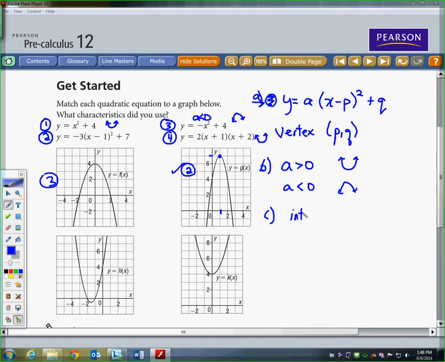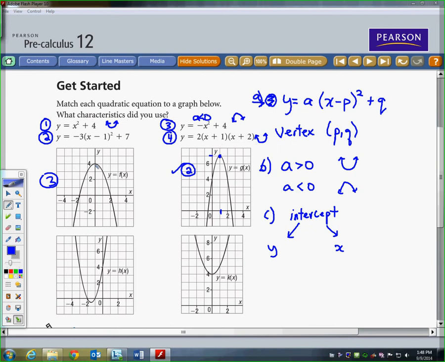There are two intercepts we can look at, the y-intercept and the x-intercept. The y-intercept is simply going to be the constant. If it's in this form, it's whatever the q value is, or if it's written in a more standard form, then it would be 4. Here it would be 4 as well. And here, if I've multiplied it out, the constant would be 2 times 1 times 2, so it would be 4.